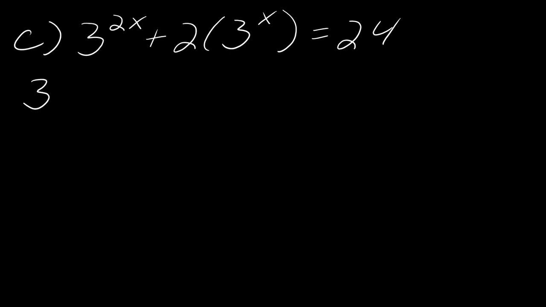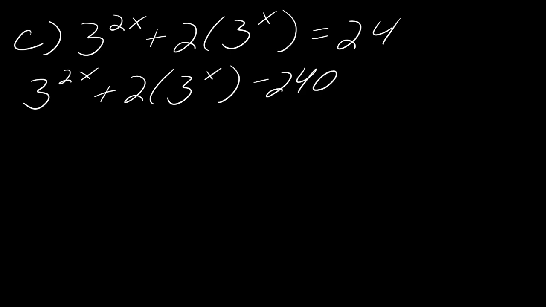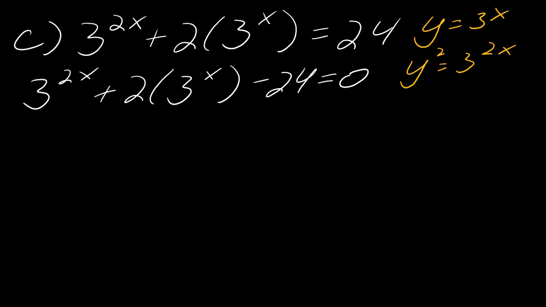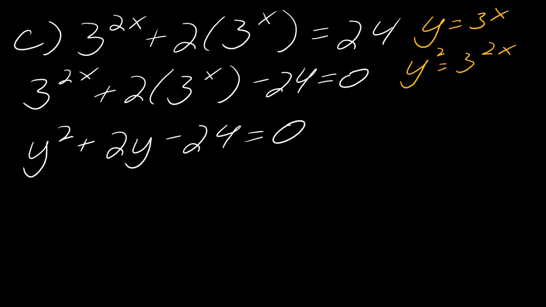Okay, so like I said, I want to just rewrite this for a moment. Like so, minus 24 equals 0. And then I'm going to make some substitutions. So I'm going to set y equal to 3 to the x and y squared equal to 3 to the 2x. So that I can rewrite this expression as y squared plus 2y minus 24 equals 0.